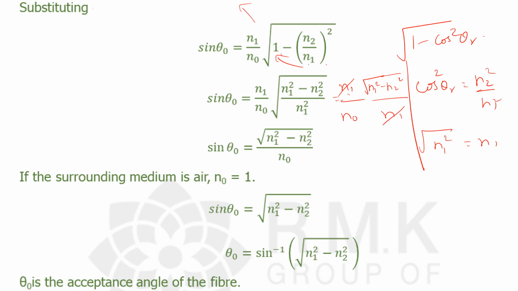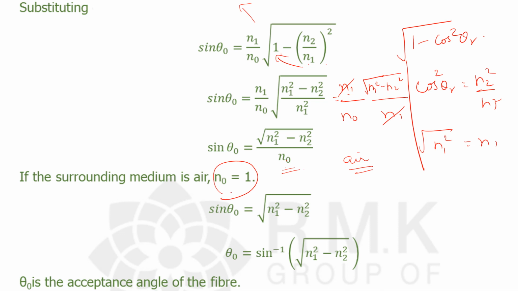Since the medium in which the optical fiber is kept is air medium, the refractive index of air is 1. Therefore, in the denominator, it is considered as 1. Therefore, sin theta naught is equal to root of n1 square minus n2 square.